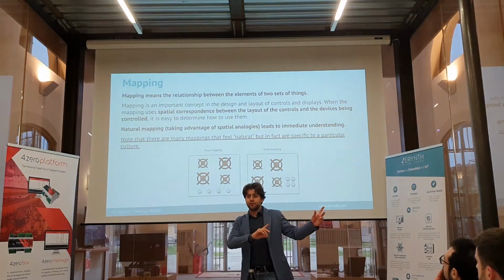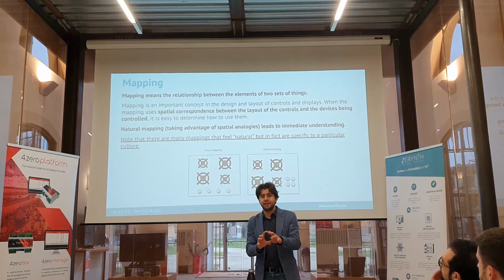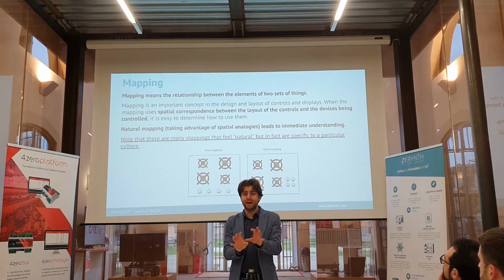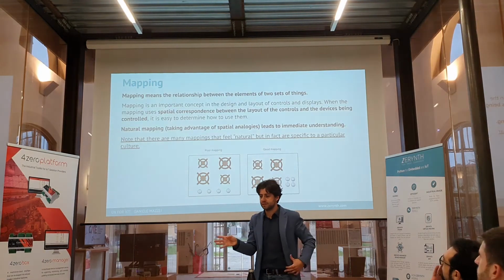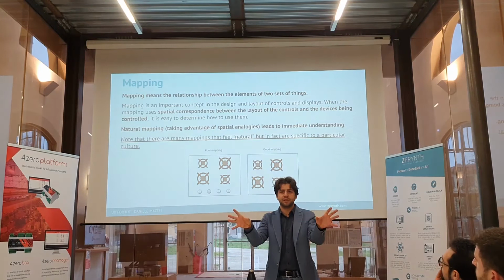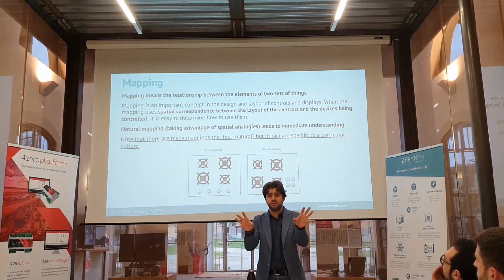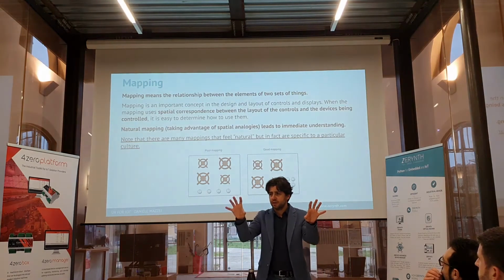As we saw before, for understanding, another fundamental element for the design of interactive systems is the mapping. Mapping, also in computer science, is the relationship between two sets. These sets typically are controls and effects.